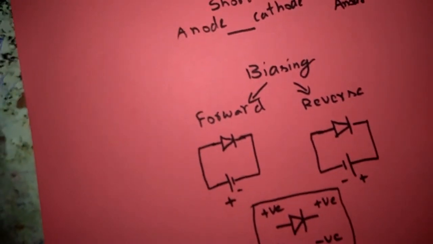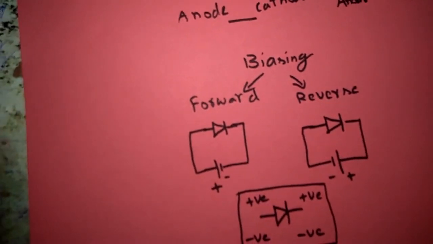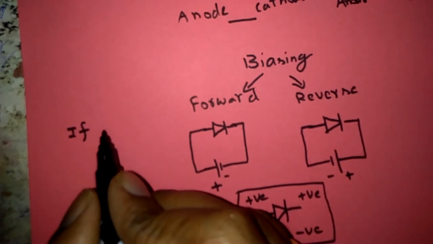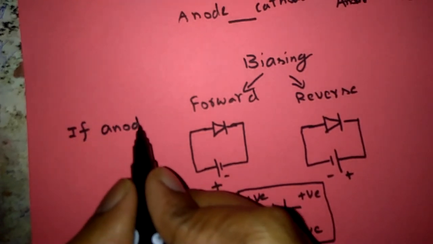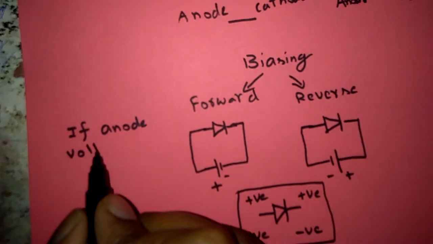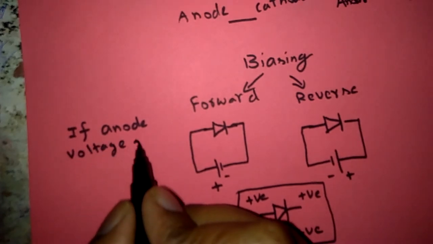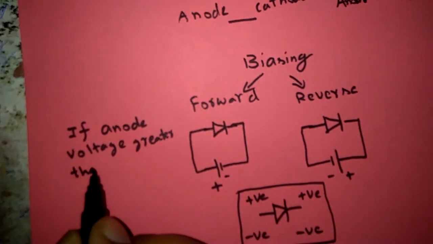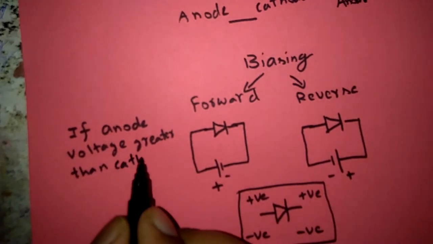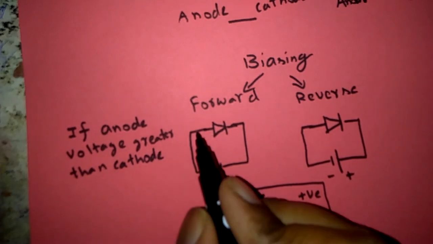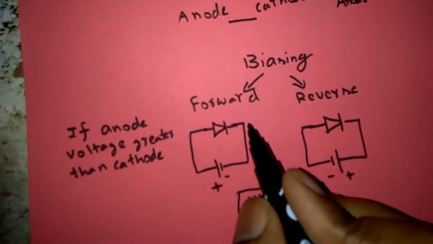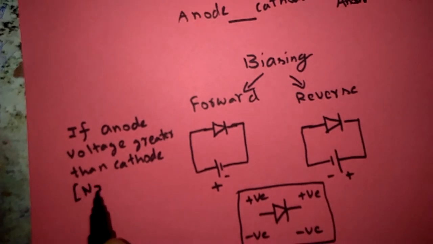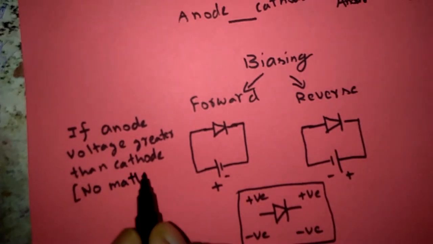So I will consider the definition of forward bias like this. If anode terminal voltage is greater than cathode voltage, that means this voltage is greater than this voltage. I am not mentioning the polarity, no matter the polarity.